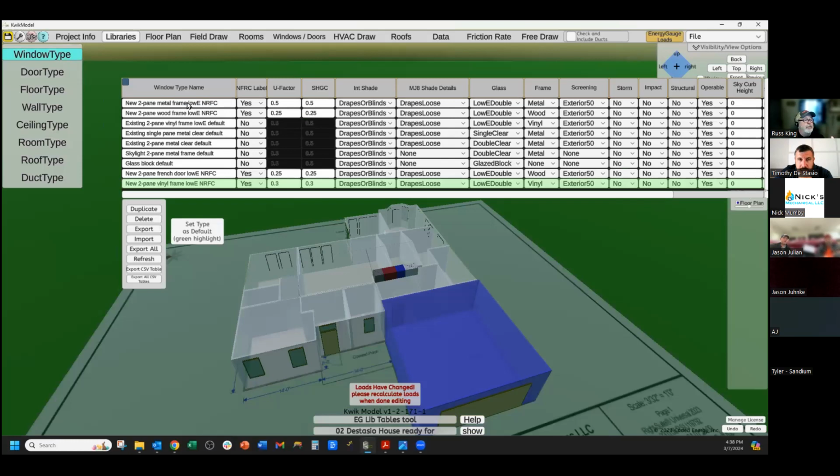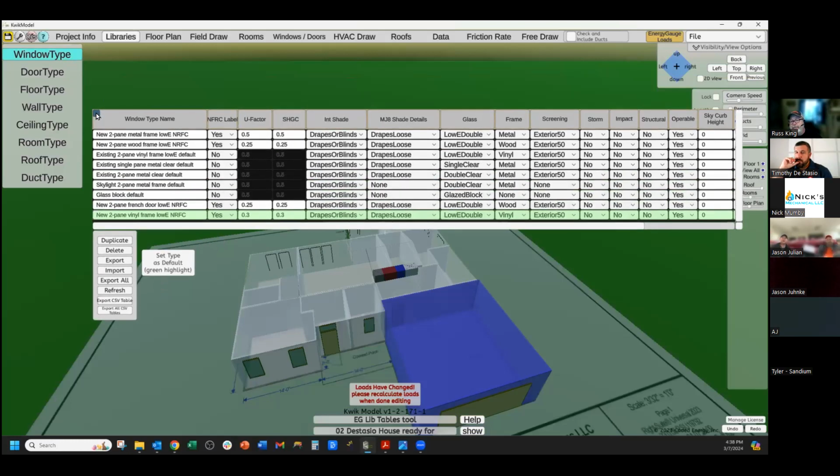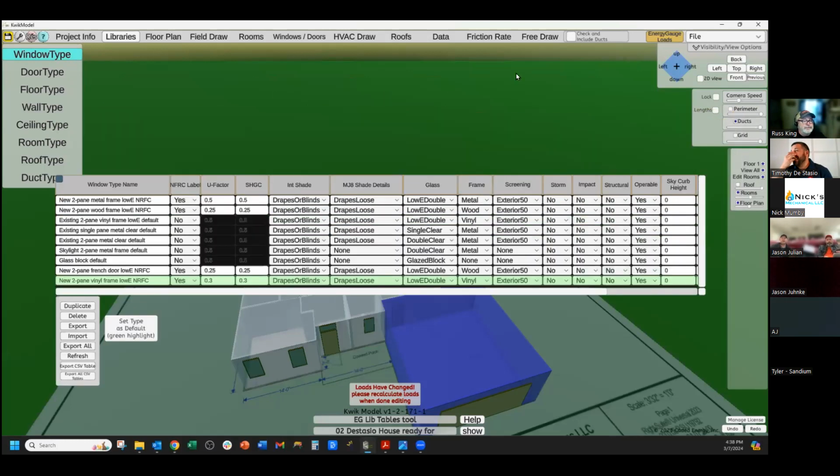Here's what the software comes with, all these windows. But if you want to change one of these, you can edit it. If you want to add to it, you can do all kinds of different changes. You can export these and import them back in later. So the libraries are really useful, really easy to customize.